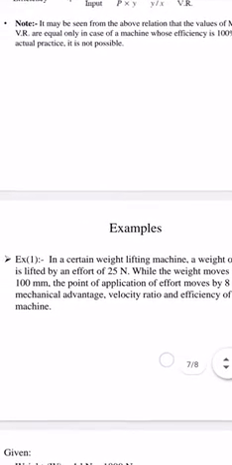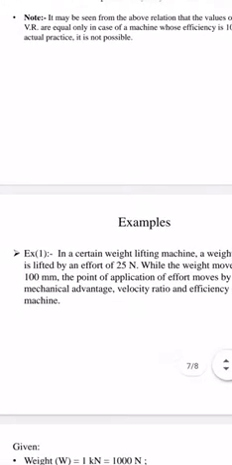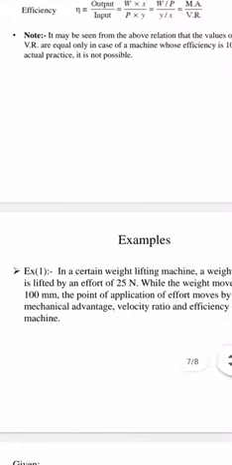Find the mechanical advantage, velocity ratio, and efficiency of the machine. Okay. So first we will stop the video. I suggest you stop the video and try to solve it yourself, because if you don't try yourself you don't understand what mistake you are making. So first stop this video and try yourself, and then restart and see what mistakes you are making.